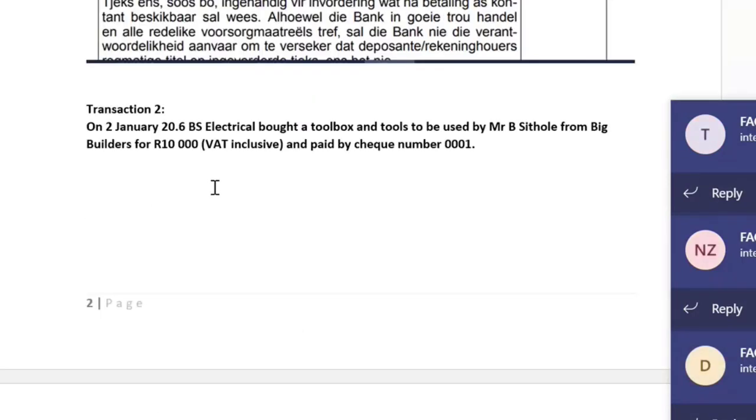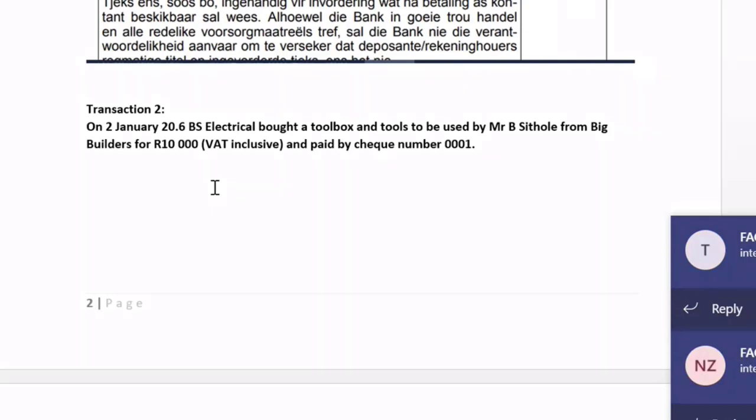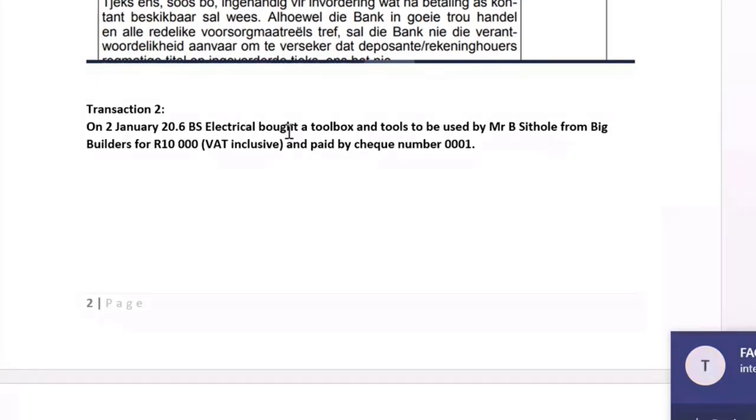So transaction number 2 is on the 2nd of January 2006. BS Electrical bought a toolbox and tools to be used by Mr. Sitole from Big Builders for 10,000, VAT inclusive, and paid by check number 0001.